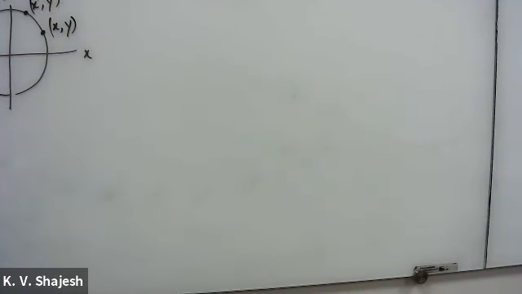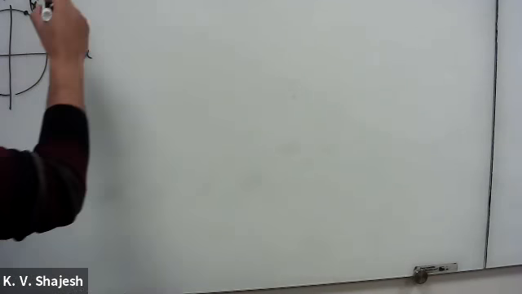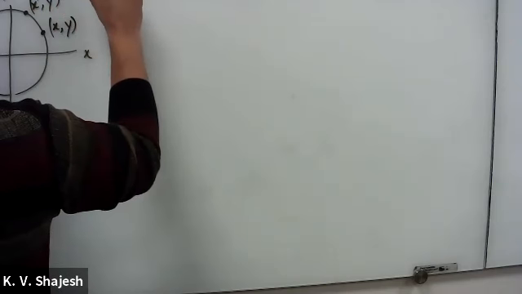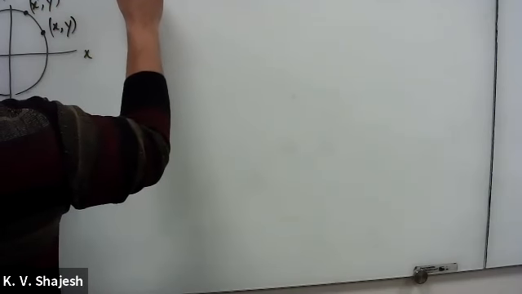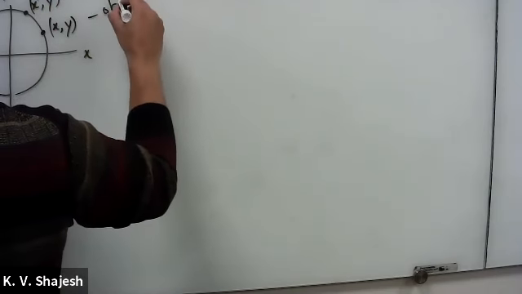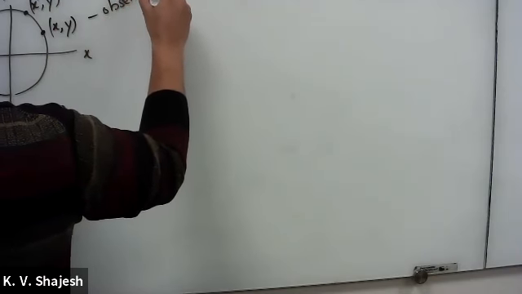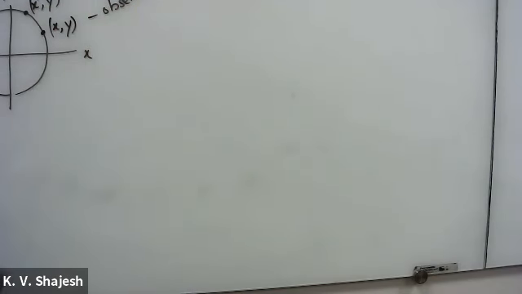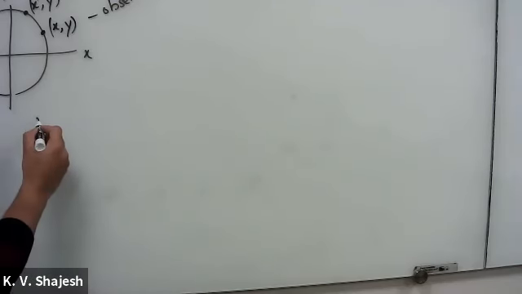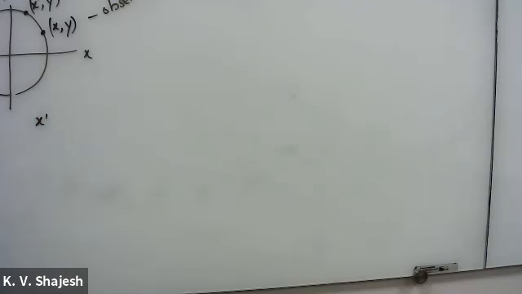So this is one observer, observer 1, and this is observer 2. If the 2 observers do an experiment measuring the X component, one measures X and the other measures X prime, and they come together and say, I measured my X component to be X, and the other says I measured my X component to be X prime, they won't agree.